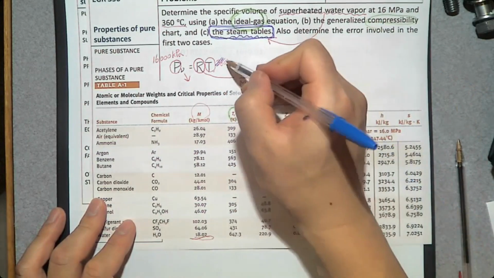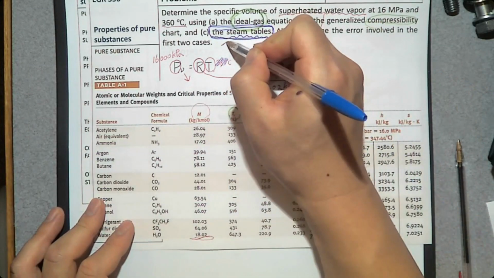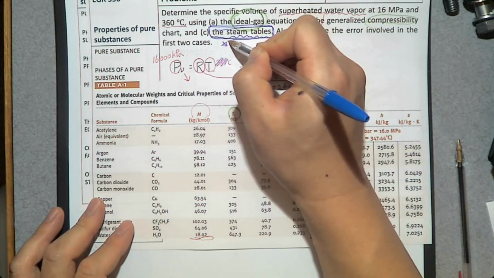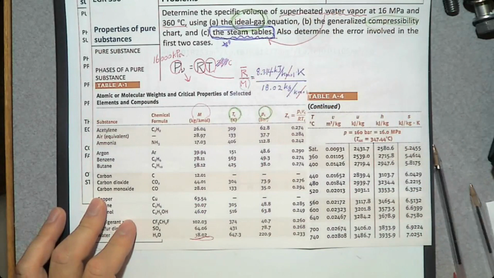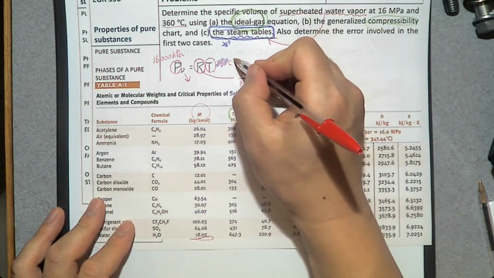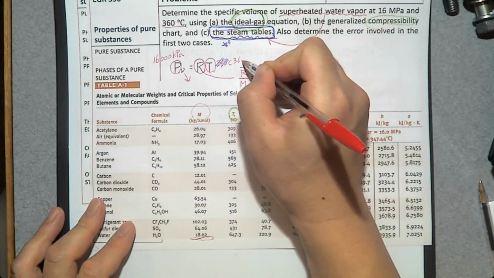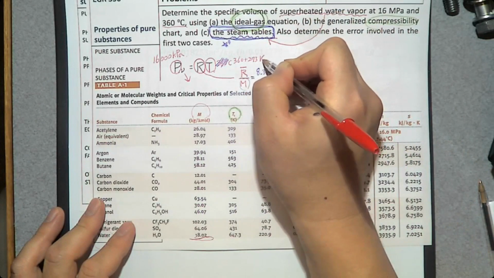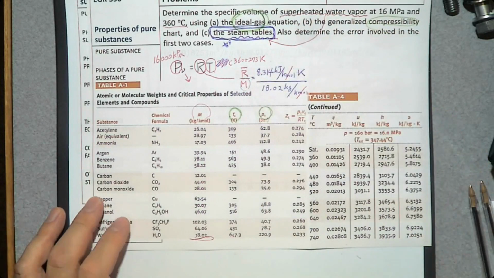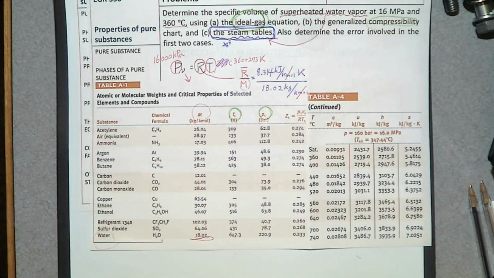Now I need to add 1 more star, so the star to the power 8. So 360 plus 273 is going to be the temperature that you are going to use, in Kelvin. So if you solve this equation, you get the specific volume.